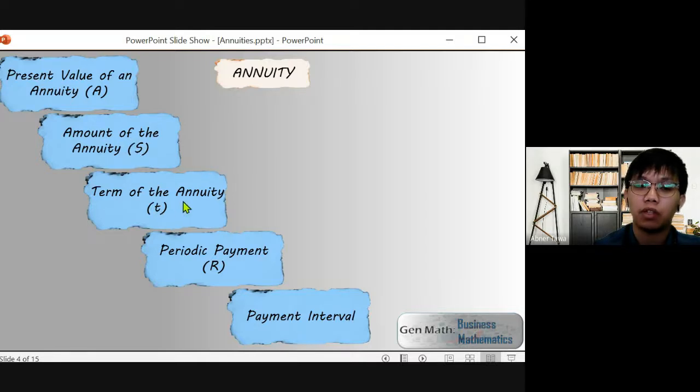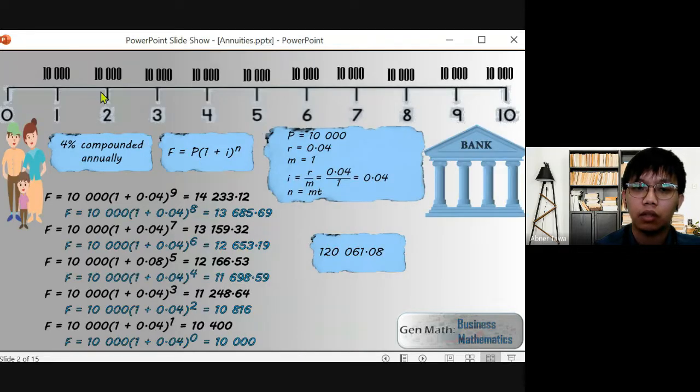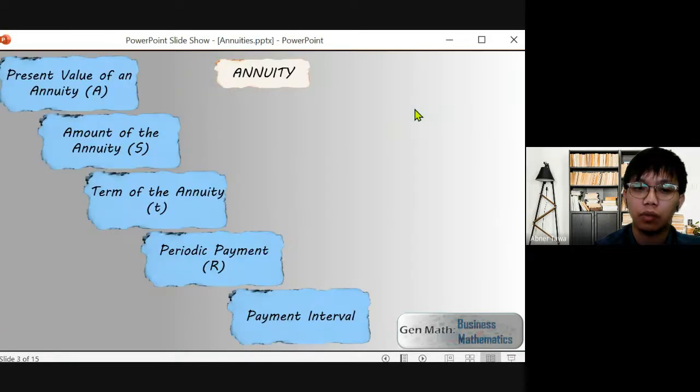And then we have here the term of annuity, that is the length of the annuity, or the maturity time of the annuity. Kaya dito sa problem, ang length or the term of annuity here is 10 years. Okay, kasi mag-end yung annuity na to, or yung series of payment at the end of 10 years. Then is the term of annuity.